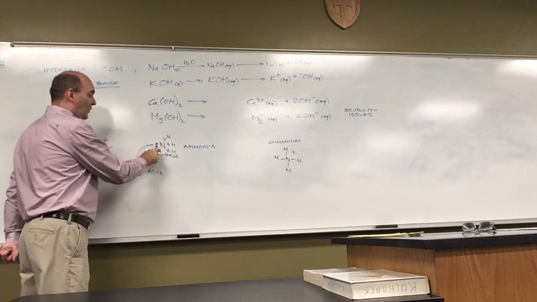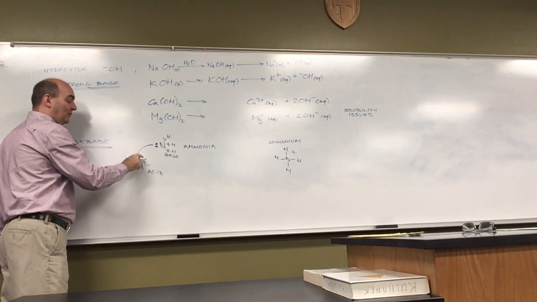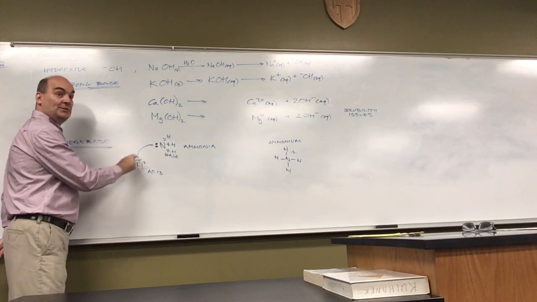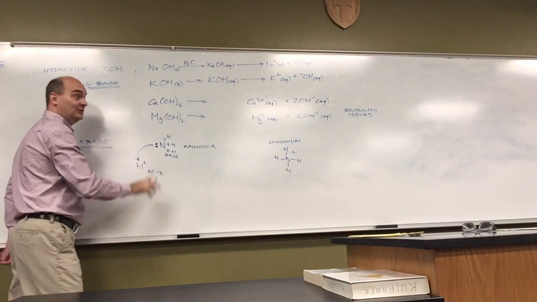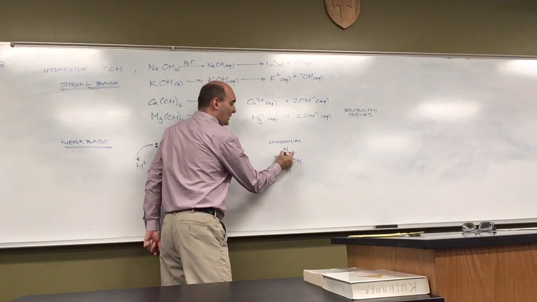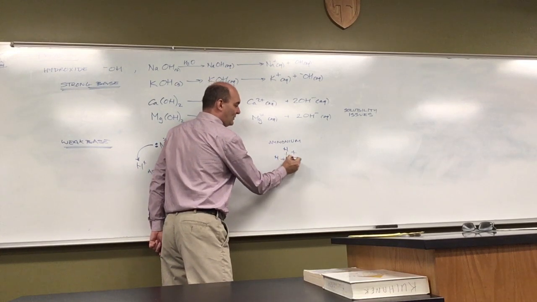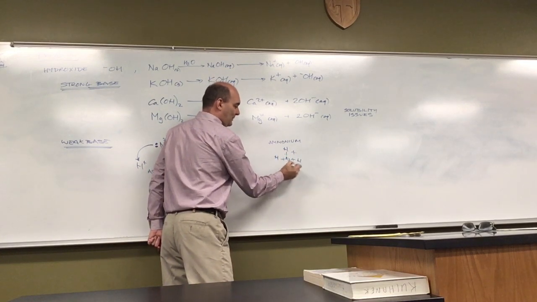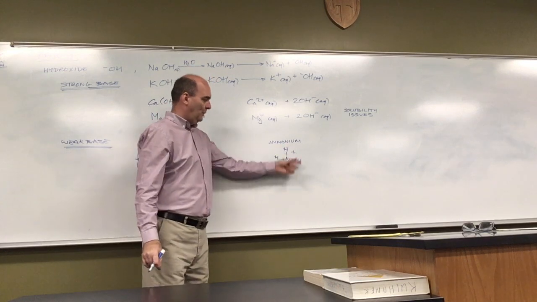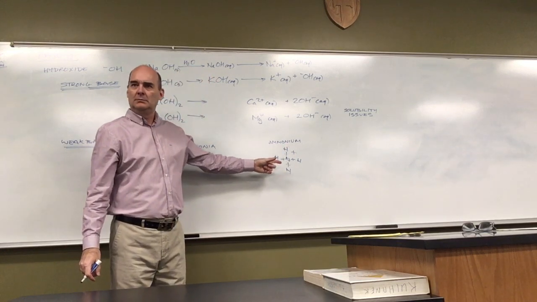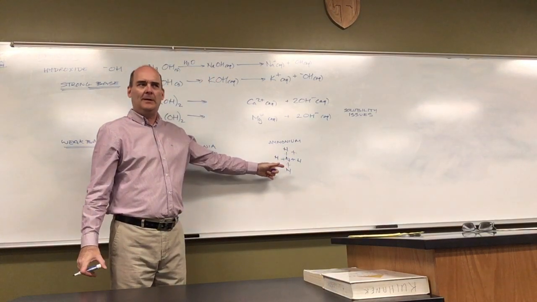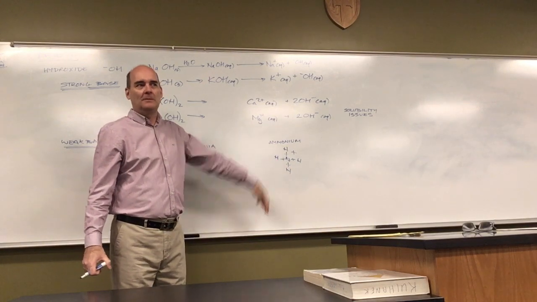And then this is a coordinate covalent bond to an H+, which is just a proton, has no electrons at all. And now, in this tetrahedral, completely symmetrical molecule, can you tell me which pair of those electrons used to be the lone pair? No, it's gone.